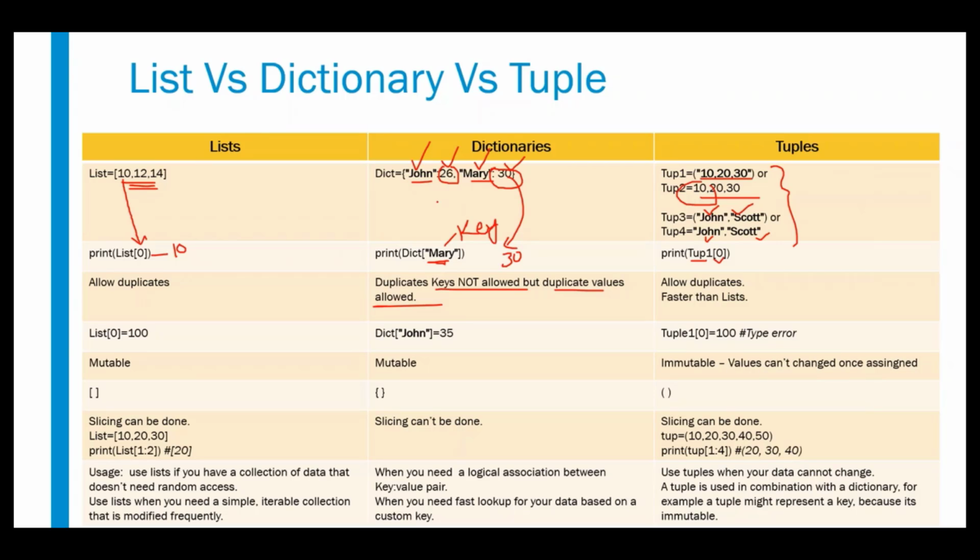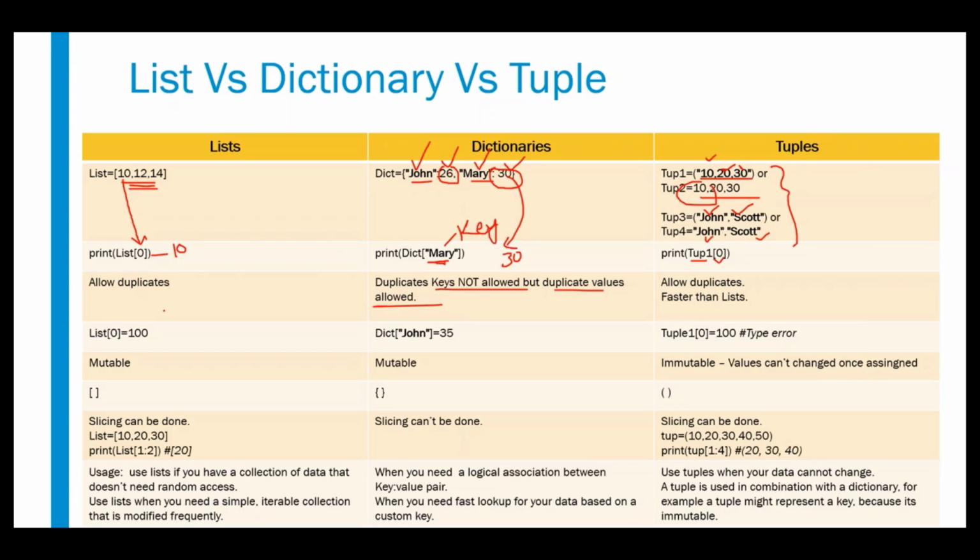And when you come to tuples, tuples also allow duplicates, just like a list. We can store the same numbers again and again. But when you use a tuple, it is a little bit faster than a list.